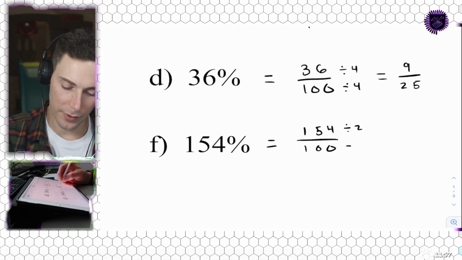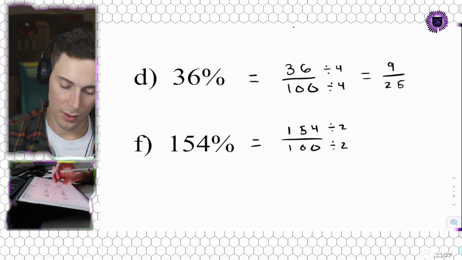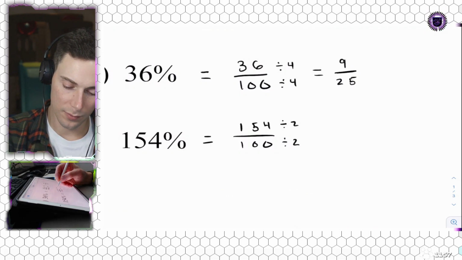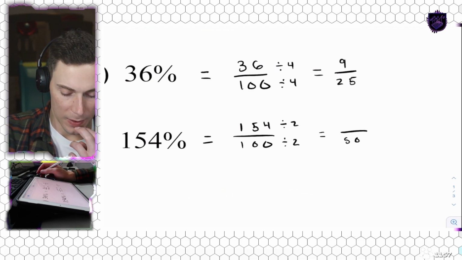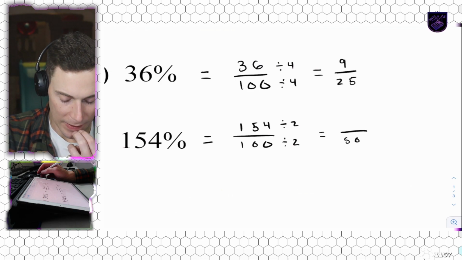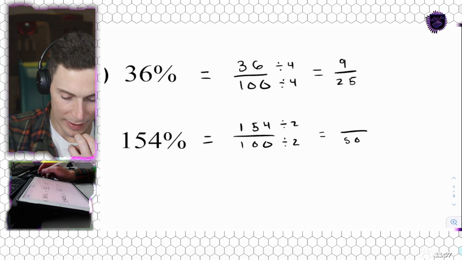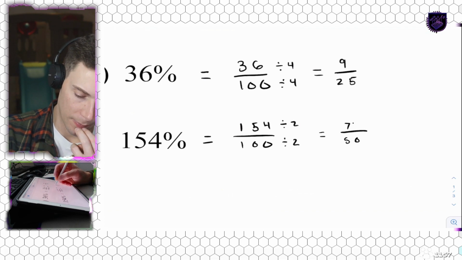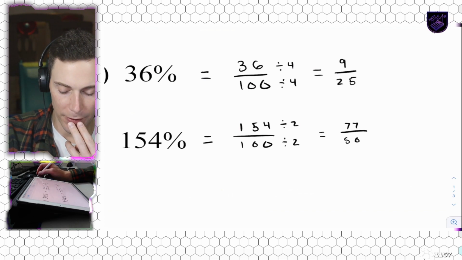Well, let's see what happens when we divide by 2 at first, which will equal something over 50. 75 would be 150, 76, 77. 77 over 50.